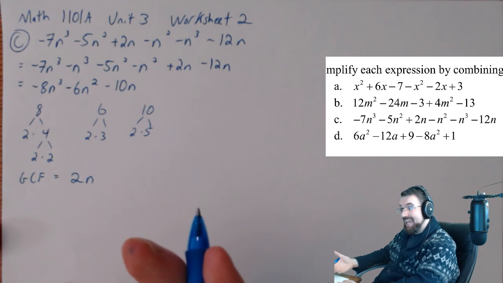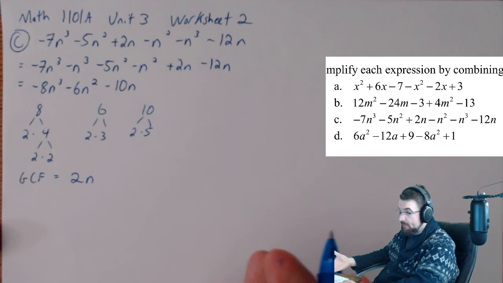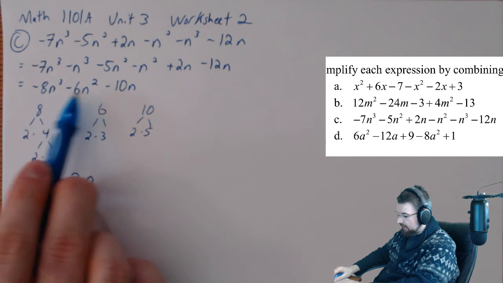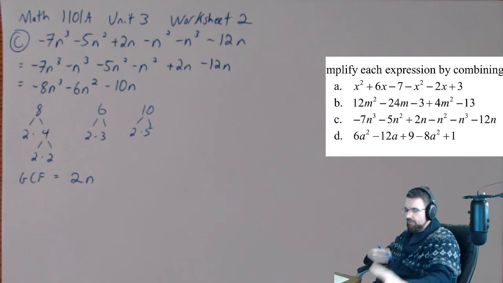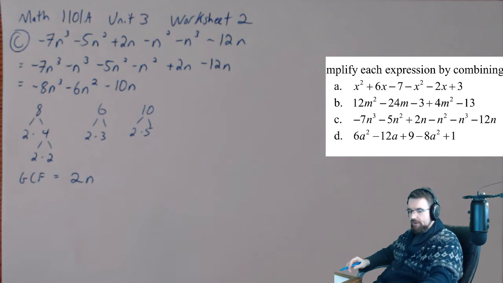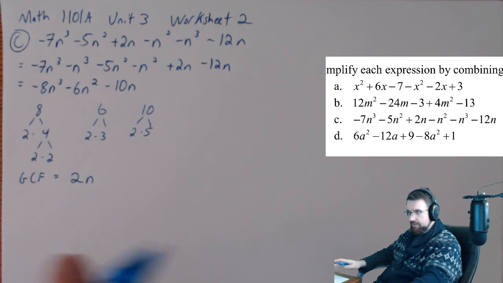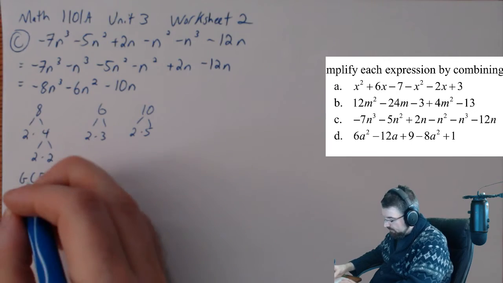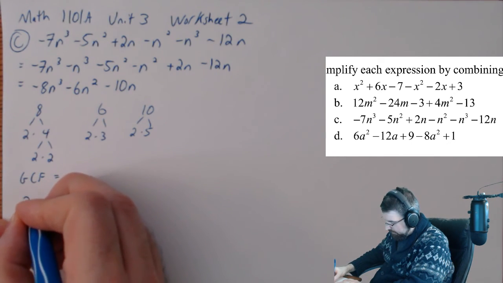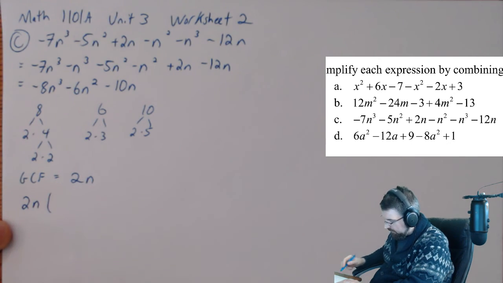We could also make it a negative 2n, because there is a negative here, a negative here, and a negative here. The thing is, you can always divide by a negative, and it just flips the signs. So for now, I'm not going to be concerned about factoring a negative out. I'm going to call this 2n outside, right?